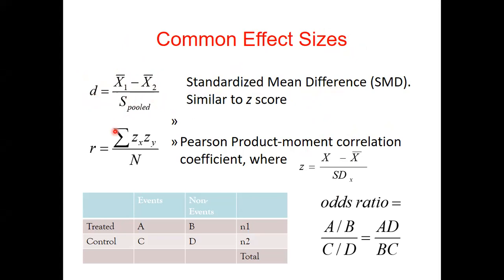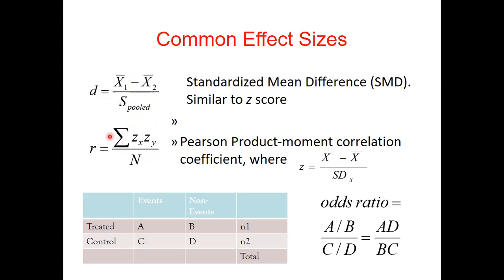This is the Cohen D. You extract the means for the two groups, calculate the pooled standard deviation, and then find the D, the standardized mean difference, also called Cohen's D.